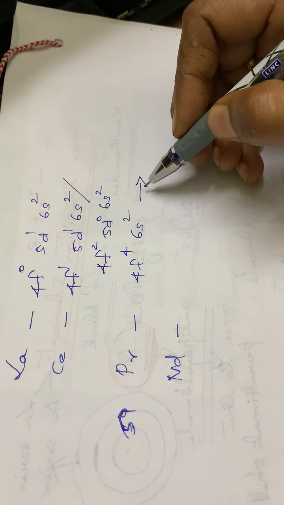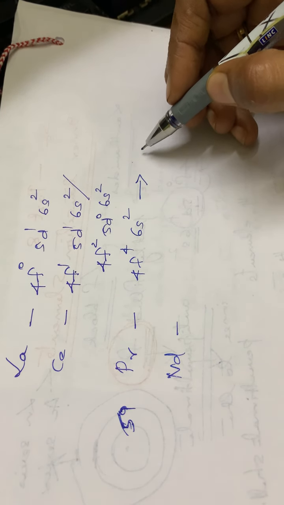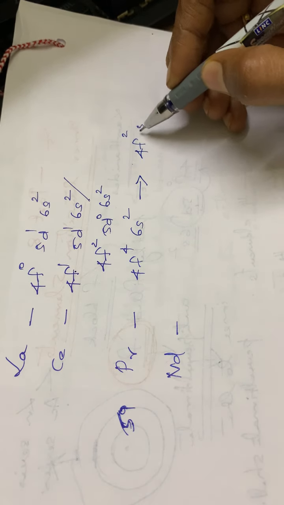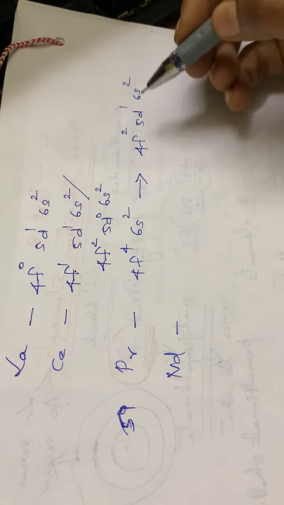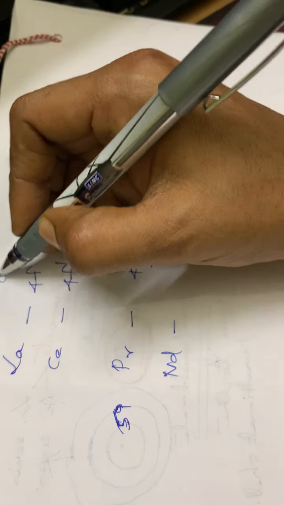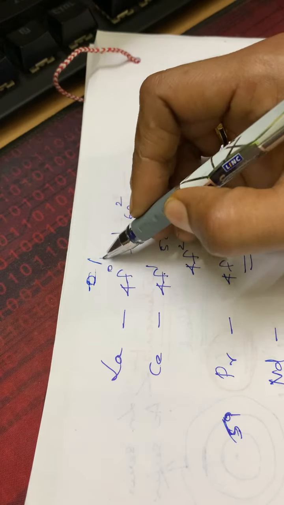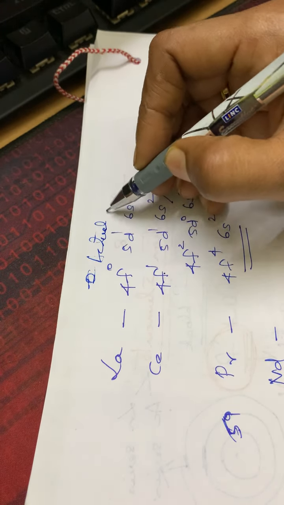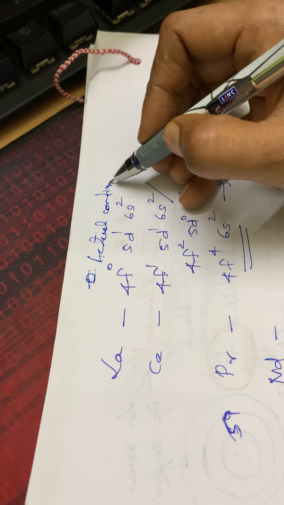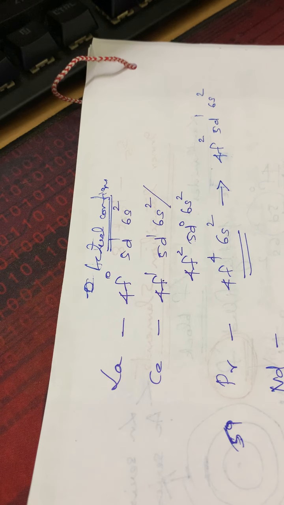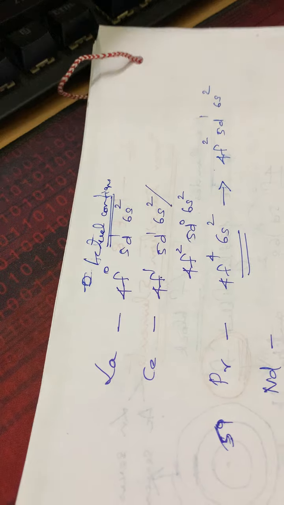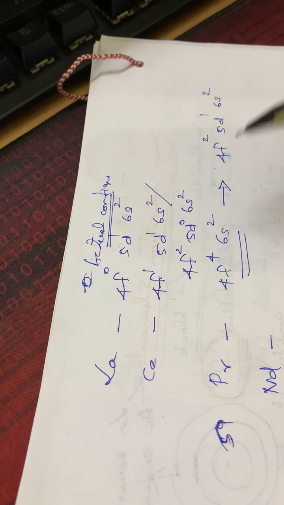It was expected to be 4f2 5d1 6s2, but the actual configuration is like that. In your textbook it is given as two tables, the predicted configuration and the observed configuration. Here I am writing the observed configurations.